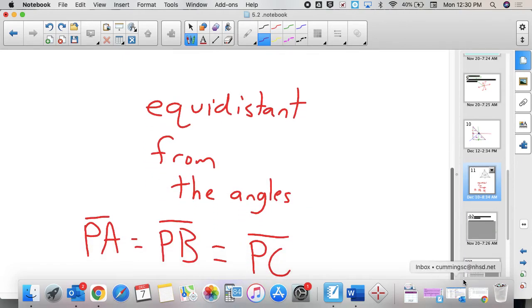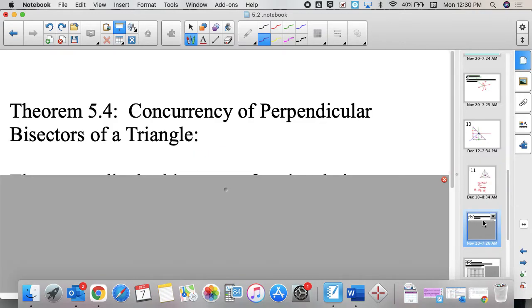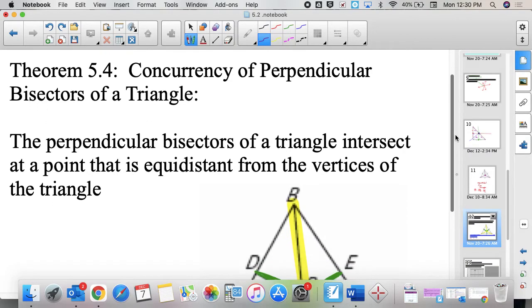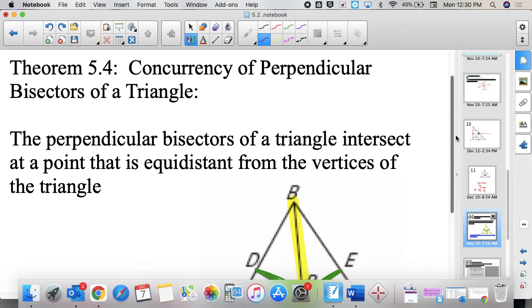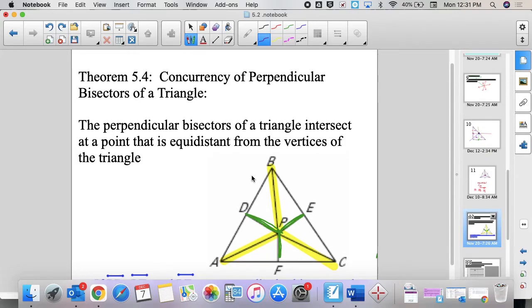So my point of concurrency is going to be equidistant from my angles here. Meaning, if P is that point of concurrency, P to A, P to B, and P to C are going to be equal. And that's what my theorem is going to say. The perpendicular bisectors of a triangle intersect at a point that is equidistant from the vertices of that triangle.